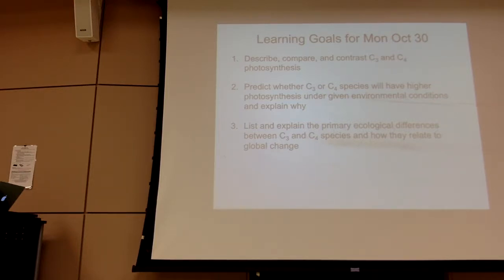And we'd like you to be able to list and explain the primary differences between species that use C3 or C4 and how they interact with global change. Now, I don't know how far we'll get on global change today, but hopefully we'll be able to at least start it.